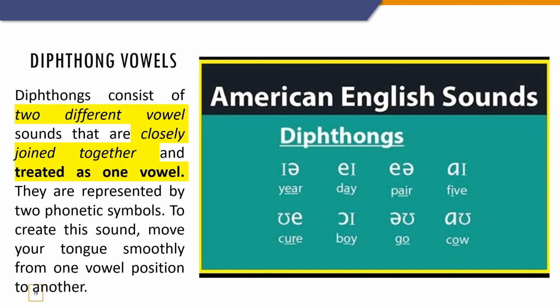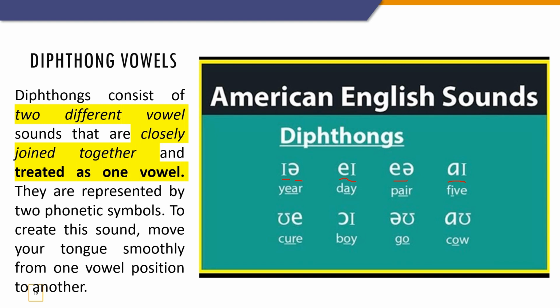Moreover, we also have another type of vowels, which are diphthong vowels. What are they? Diphthongs consist of two different vowel sounds that are closely joined together and treated as one vowel. For example, ear, day, air, pair, I, five, right?